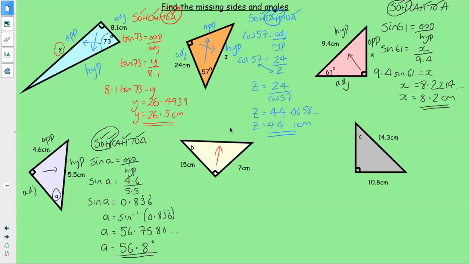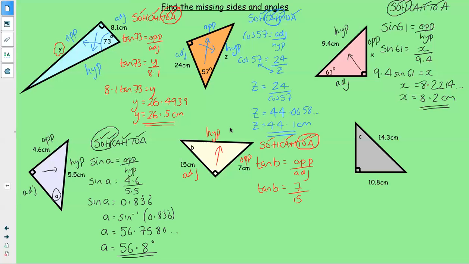Next one, hypotenuse, opposite, adjacent. SOHCAHTOA. So I'm going to tick off the A's because I know the length of that. I'm going to tick off the O's because I know the length of that. This is the ratio I want, the TOA part, the tan part. So tan of the angle, the angle's called B this time, equals opposite over adjacent. So tan B equals 7 divided by 15.